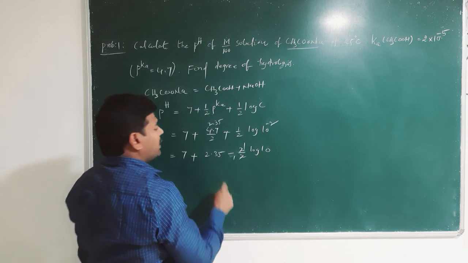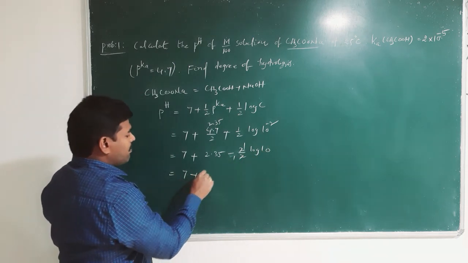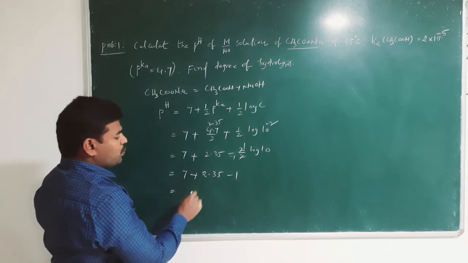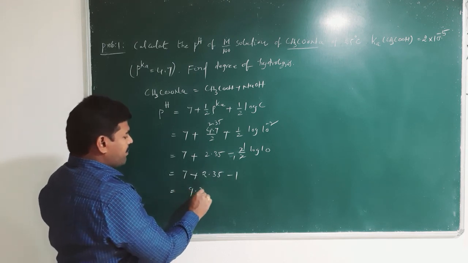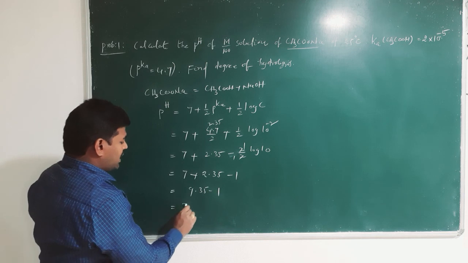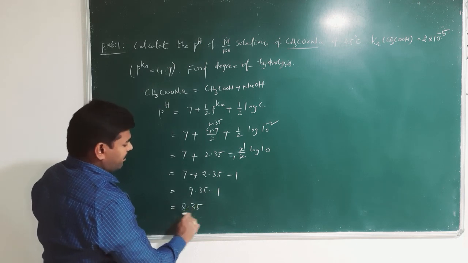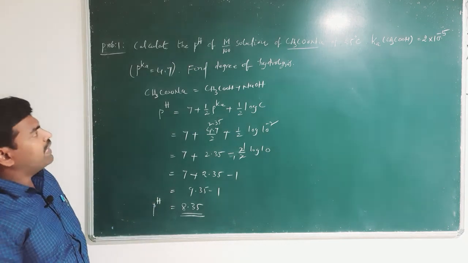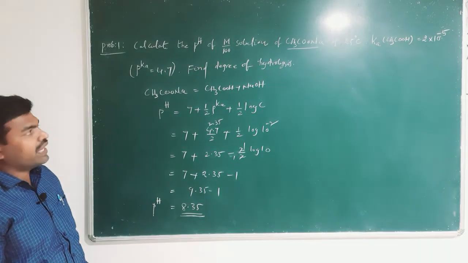This is 1, and log 10 is 1. Therefore, 7 plus 2.35 minus 1. 7 plus 2.35 is 9.35, minus 1, that is 8.35. So, pH is 8.35.